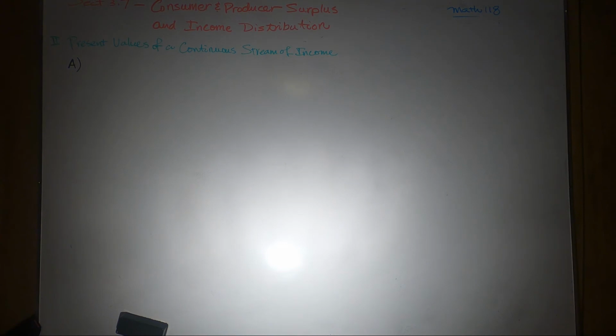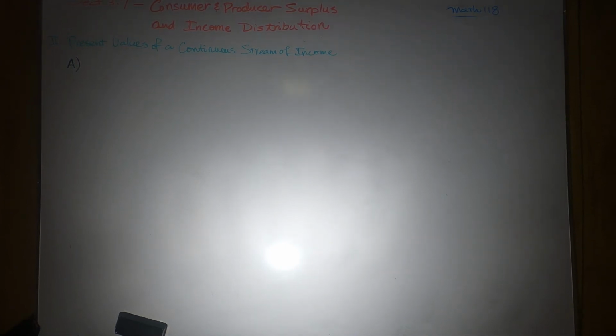When do you have a continuous stream of income? Say you have a rich grandma, and she puts a trust fund into your account for the next 20 years. Steadily, each year she will put, say, $20,000 in your account, for 20 years.